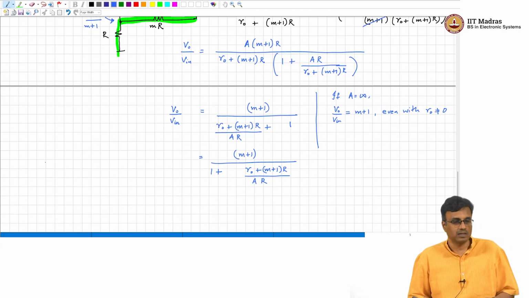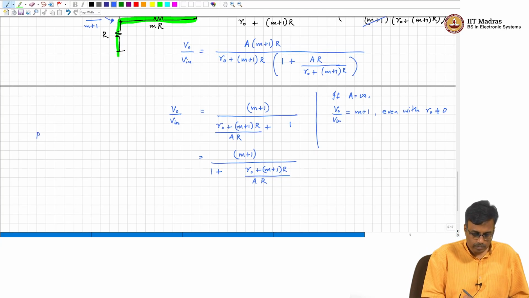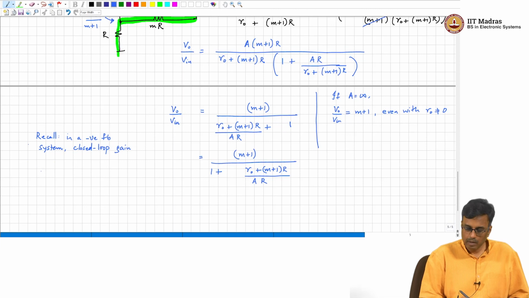In a negative feedback system, what is the closed loop gain? In a negative feedback system, the closed loop gain is 1 over the feedback factor times loop gain by 1 plus loop gain, where loop gain is A times F, correct.